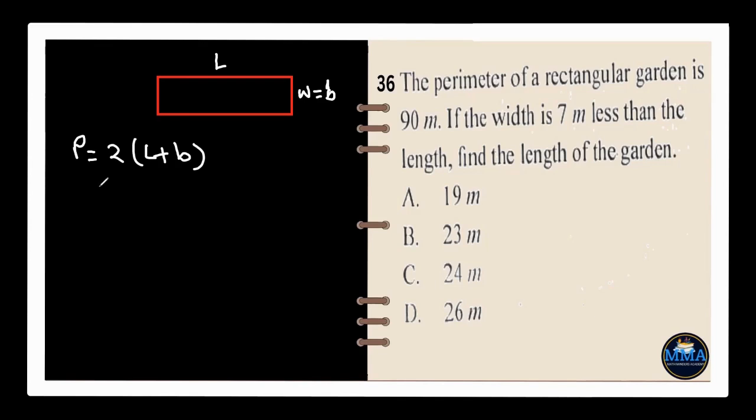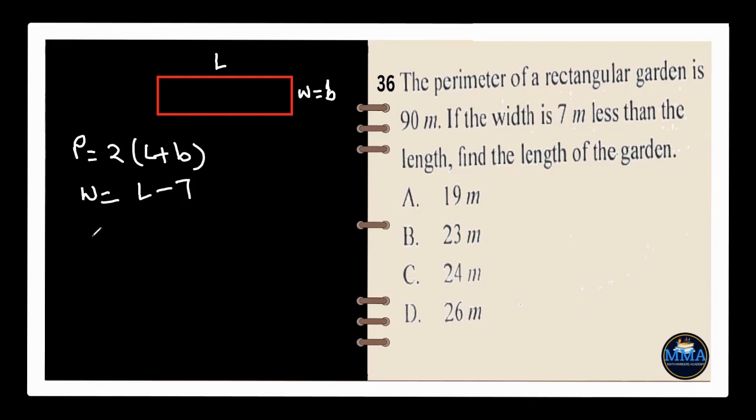Okay, so now we are told that the width is 7 meters less than the length. That means the width or breadth, whichever one, is 7 meters less.